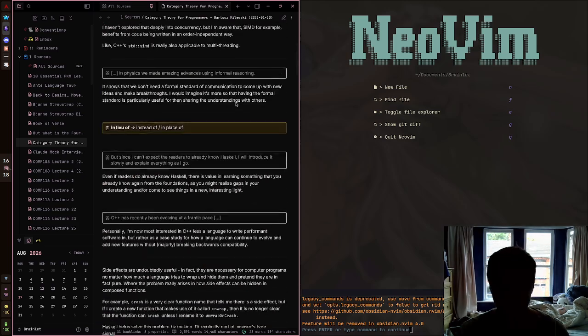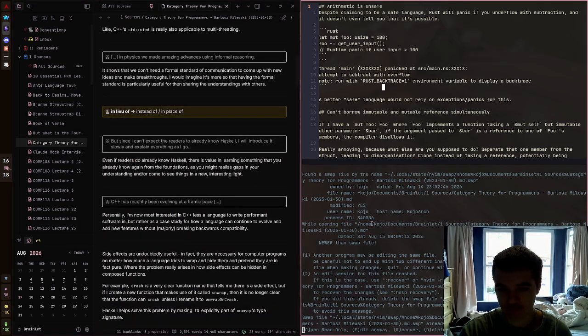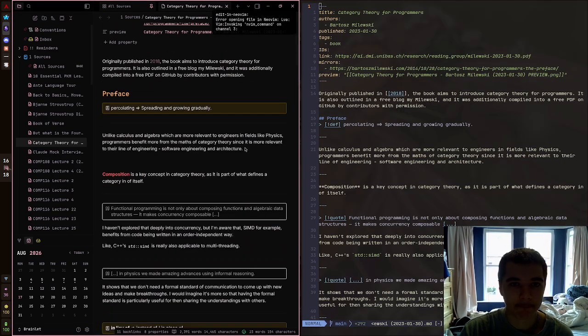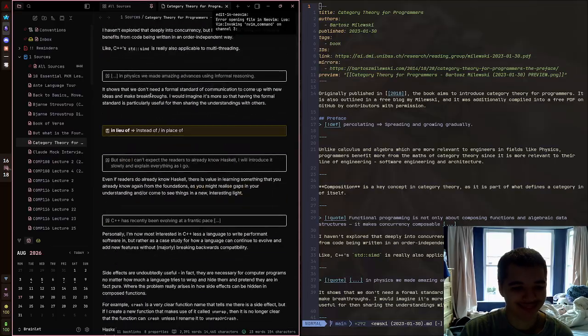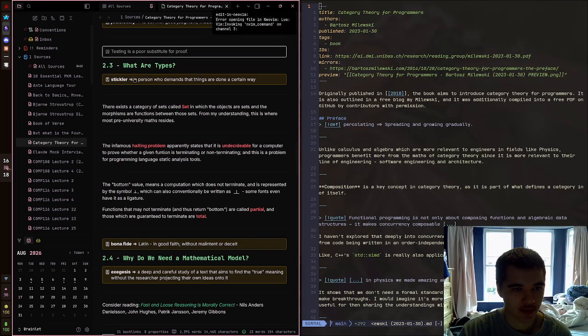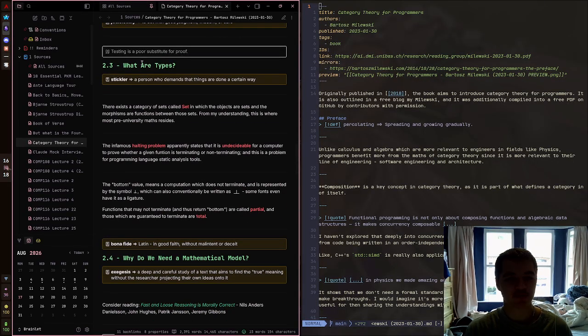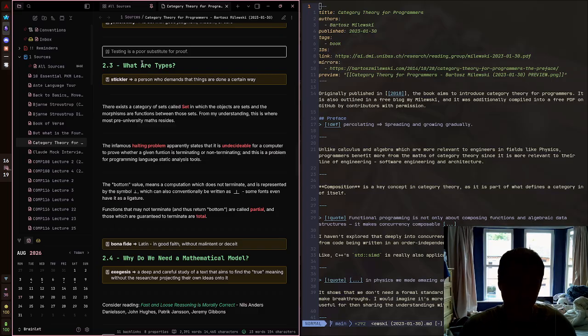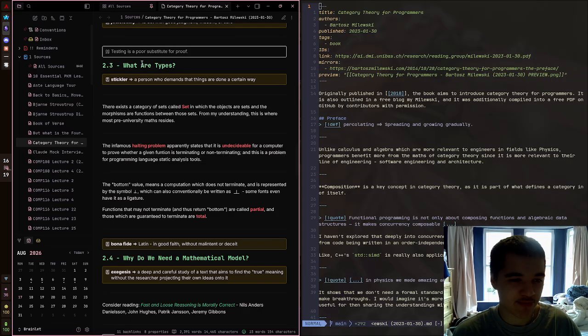I think it's just too small. Okay. Yeah, so we covered types and functions. I had a bit about what are types, which didn't really go into as much depth as what I was asking, like what is a type really?